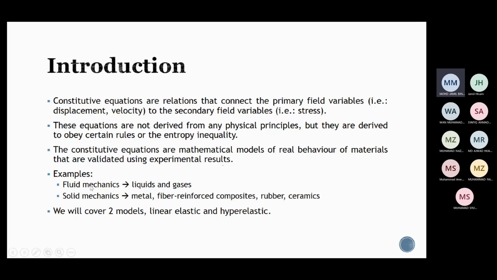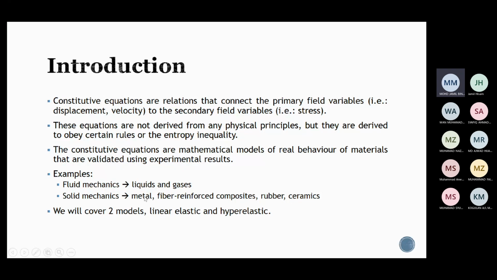For example, in fluid mechanics, we have liquid and gas constitutive equations. In liquid, we can use the Navier-Stokes equation, for example. And then for solid mechanics, we have other materials like metal, fiber-reinforced composite, rubber, and ceramics. All of these materials behave differently, so we cannot have one single model to describe the behavior of these materials.